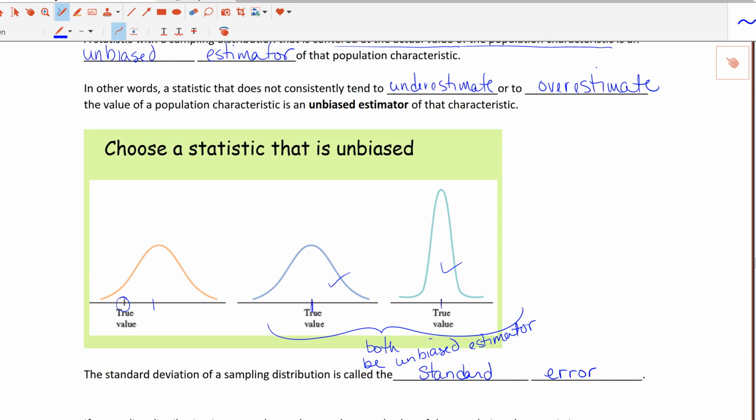So if we can get a tighter clustering around the true value, then we would have less of a standard error. If we look at this, we notice that the middle distribution has a larger standard error than the one on the right.